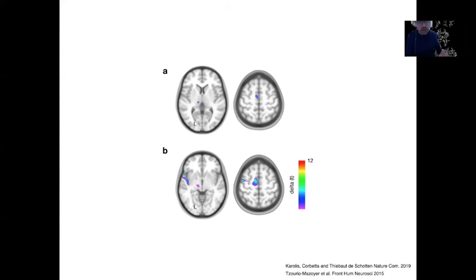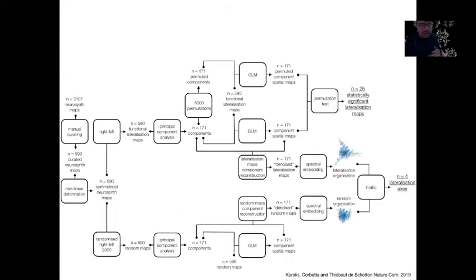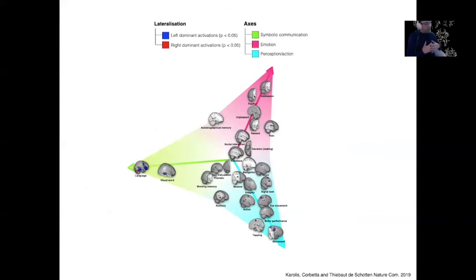And then that gave us 550 lateralization maps that we try to organize according to whether or not they look alike. And if they look alike, we put them close together. If they don't look alike, we put them distant from each other. And by doing so, we've been able to represent a three-dimensional space whereby you have three tendencies.